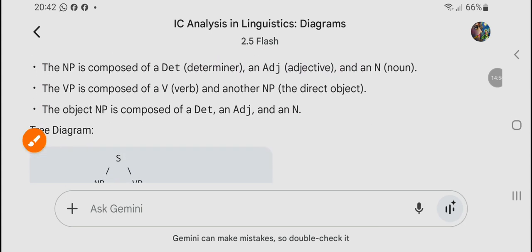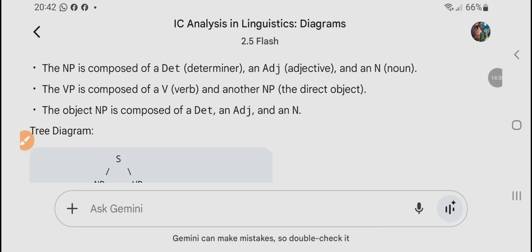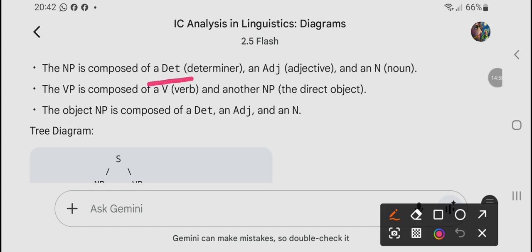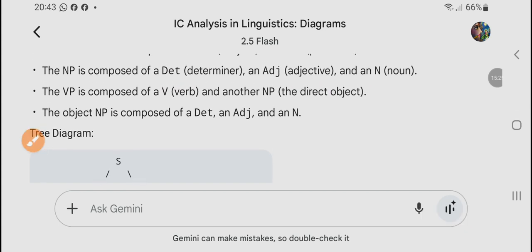Number 2, the noun phrase is composed of determiner, adjective and noun. Please take care. Noun phrase means there may be a determiner, then adjective and noun. You can remember that if an adjective is given, a noun will surely be given, and along with this a determiner is sometimes found in the noun phrase.